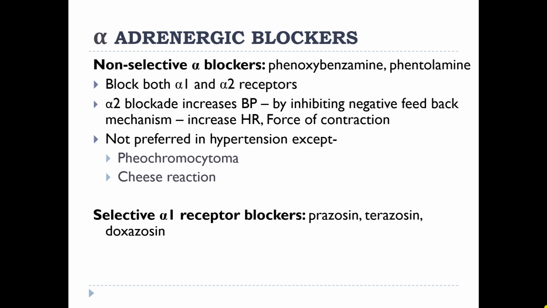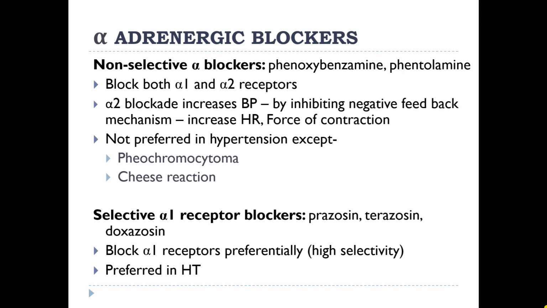Whenever we say alpha blockers in hypertension, we mean alpha 1 receptor blockers. They block alpha 1 receptor preferentially because of the high selectivity. That is why they are preferred in hypertension, because they are devoid of alpha 2 action, which is the major disadvantage of non-selective alpha blockers. Prototype of alpha blockers is prazosin.